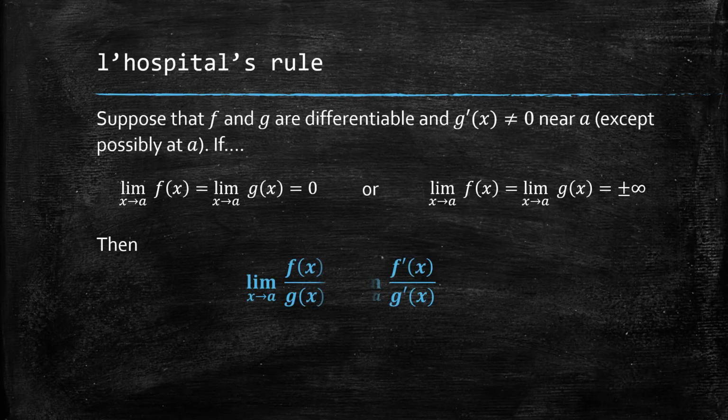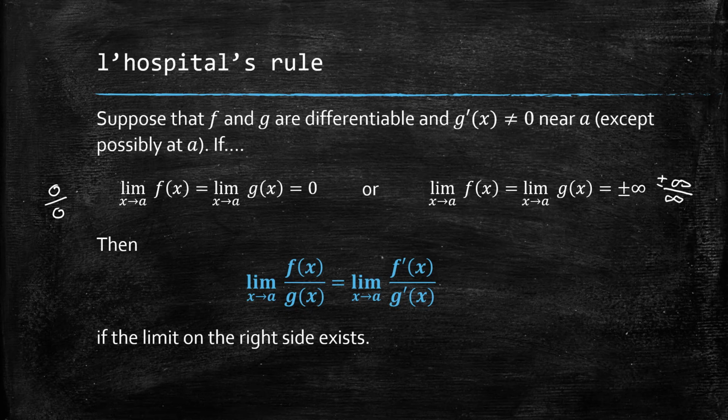And what L'Hopital's rule says is that the limit of the quotient of the two functions will equal the limit of the quotient of their derivatives. So this is the 0 over 0 indeterminate case, and this is the infinity over infinity case. Notice it can be plus or minus infinity. In those two scenarios, you can apply L'Hopital's rule if the limit on the right side exists, of course.